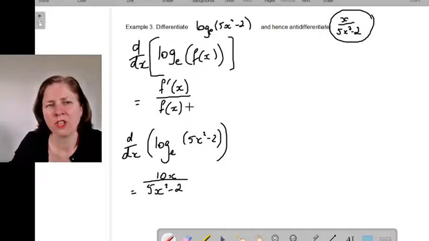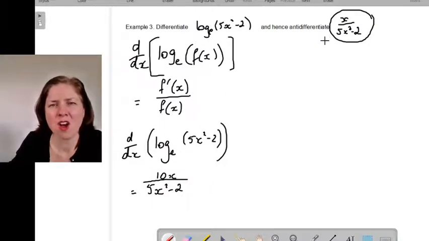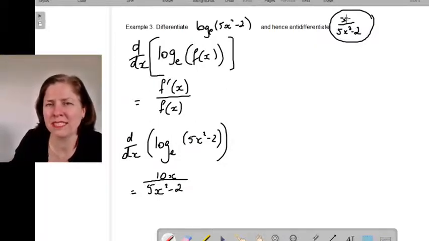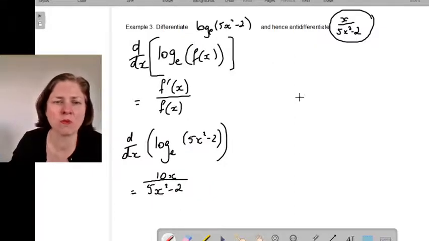If I've learnt that log base e of f of x differentiates to the derivative of the inside function divided by the inside function itself, then I can see that although this function doesn't exactly match because there's no 10 on the top, the only thing I'm missing is multiplying by a number 10. I'm not missing any x's or anything like that. So that makes it really easy for me to edit and change it to what I want.